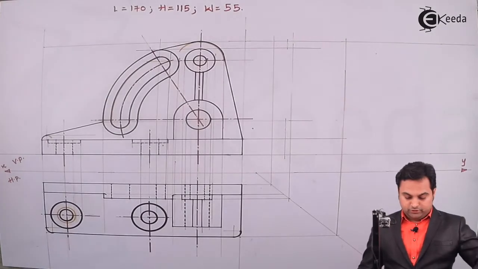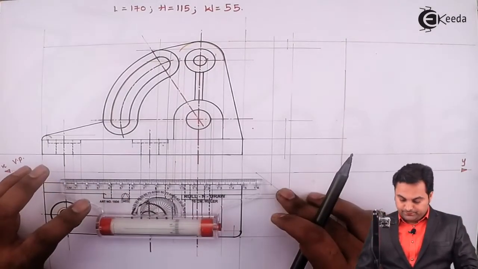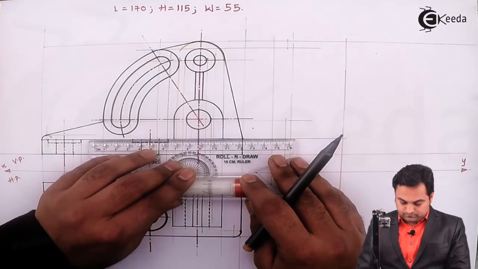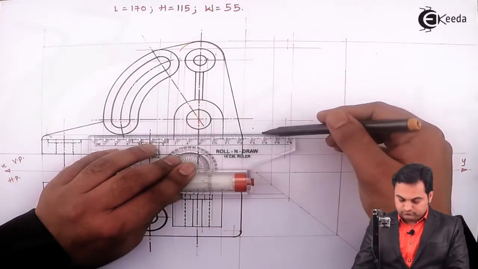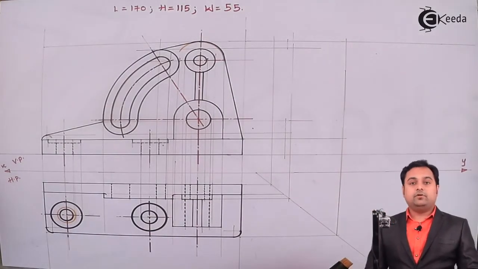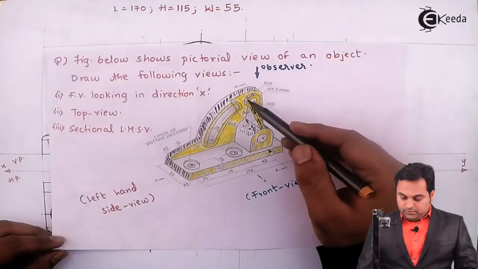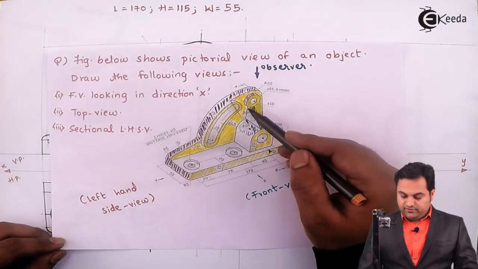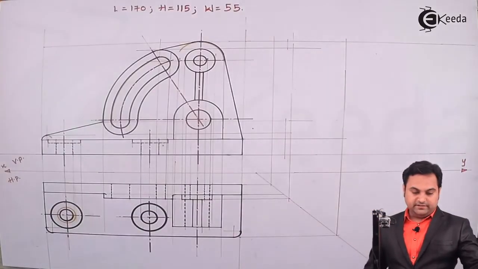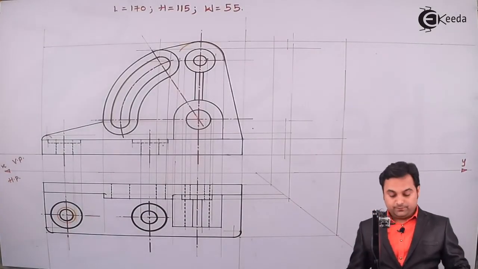So I'll project the bottom most point also, and joining it here. Then looking from side, here this circular surface will not be visible but it will remain hidden, so its height I'll get from the front view.